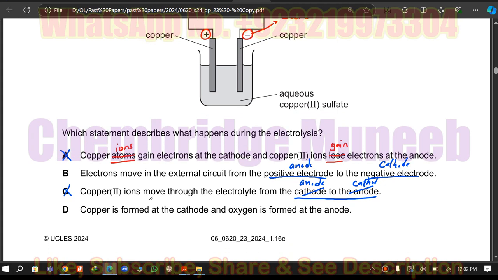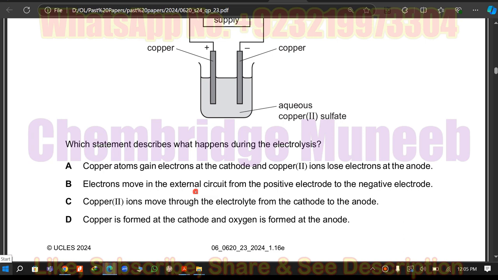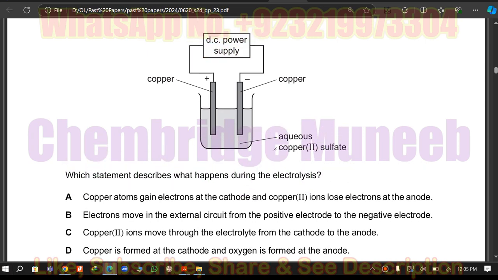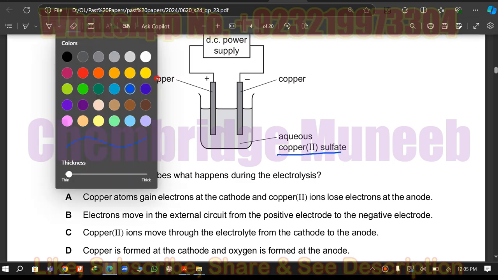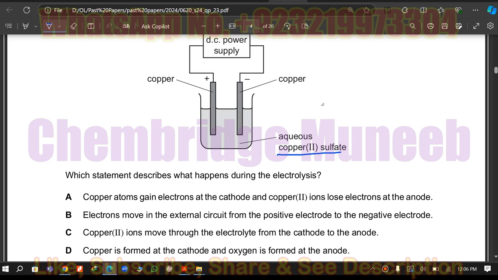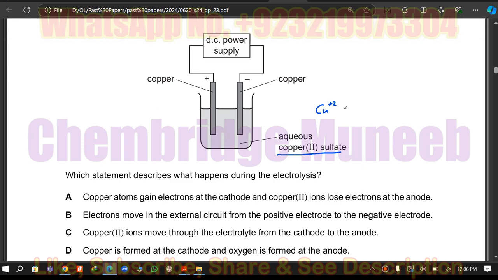Now for this purpose we should know that the compound in the electrolyte is copper(II) sulfate, which means it contains Cu2+ and SO4 2- ions, as well as, since it is aqueous, it contains H2O, so it should also contain H+ and hydroxide ions. All these four ions are present in this electrolytic cell.